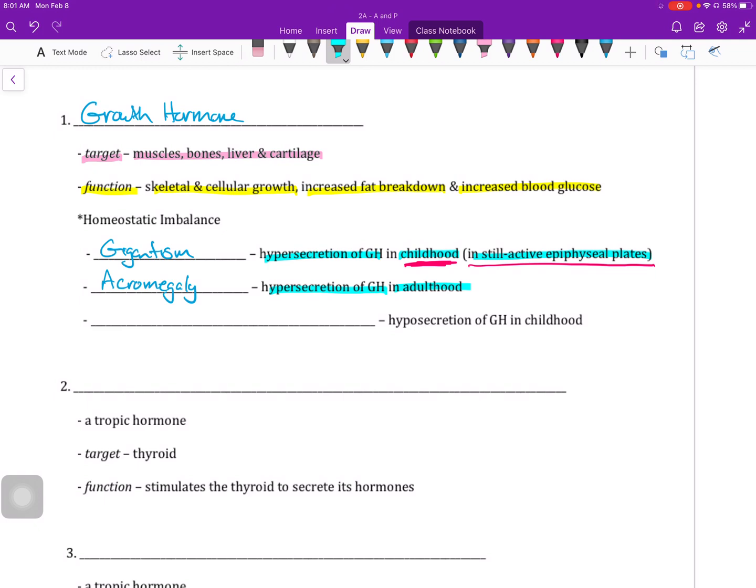Okay, now, this is post-epiphyseal plate closure. All right, that's the difference, guys. So prior to closing of the epiphyseal plate, you're still growing, which means the bones can increase lengthwise, and that's how you get gigantism.